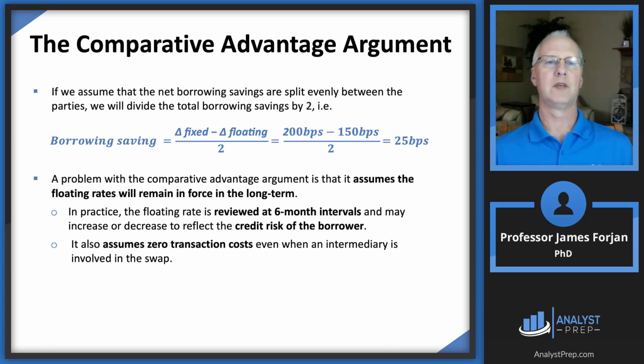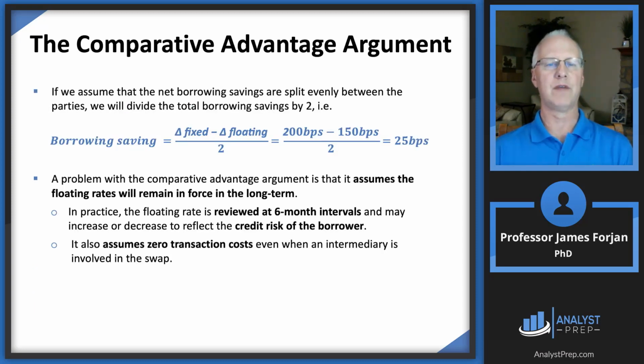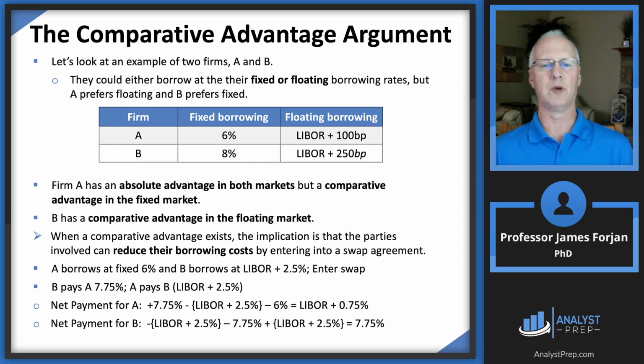So moving on to this comparative advantage argument conclusion, how did I know? Here, let me flip back here. How did I know that each party was going to benefit by 25 basis points? Well, there's the savings formula there at the top. So we're going to do the difference in the fixed minus the difference in the floating. So that's 200 basis points on the fixed side, right? 8 minus 6 is 2%.